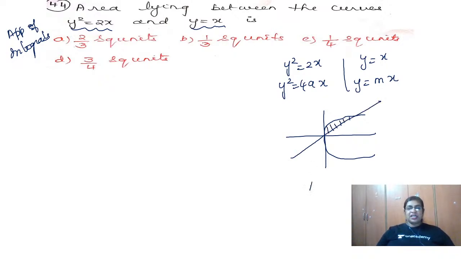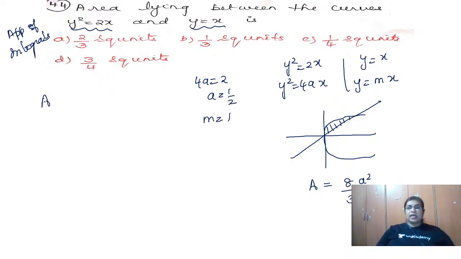So what is the shortcut? Write 8 by 3, a square by m cube. Now from 4a you compare it with 2, so a is equal to half. Next, m is equal to 1.